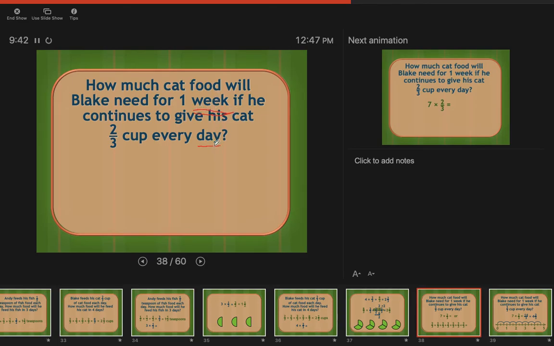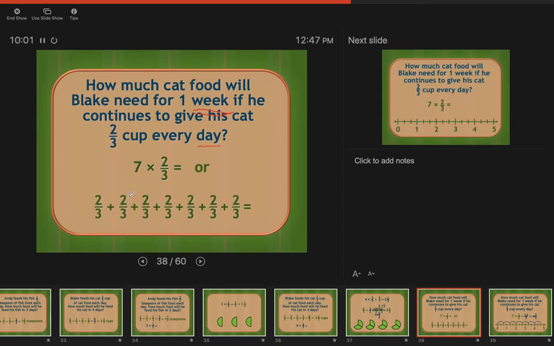What do I know about the comparison of a week and days? How many days are in a week? Hopefully you said 7. If Blake gives his cat 2/3 a cup every day for 1 week, you can multiply 7 times 2/3, or the longer way would be to add up 2/3 7 times.